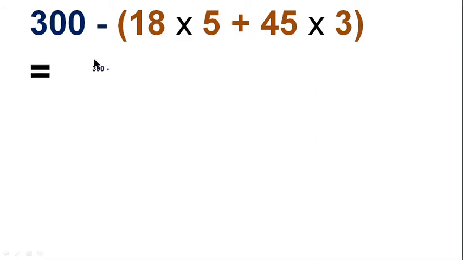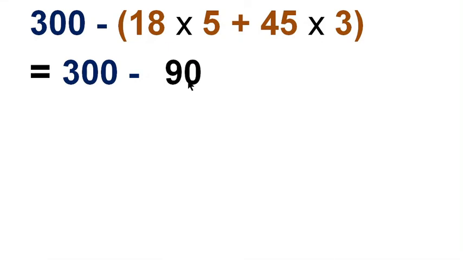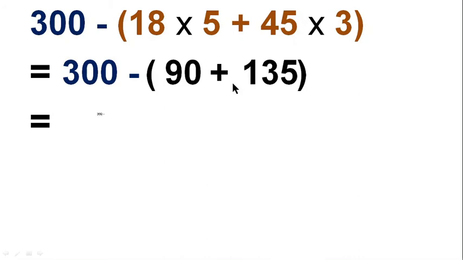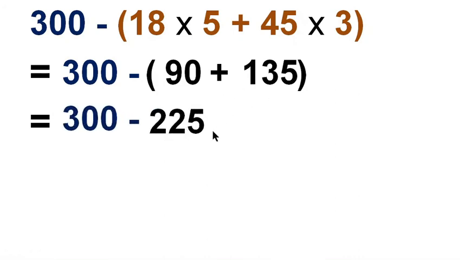We will write down 300 minus first bracket open, and if we multiply 18 by 5, we can get 90, and here addition symbol, and if we multiply 45 by 3, it will be 135, and bracket will be closed. And in the first bracket we will add. If we add, we can get 225, and if we subtract here, we can get 75 as the answer of this simplification.